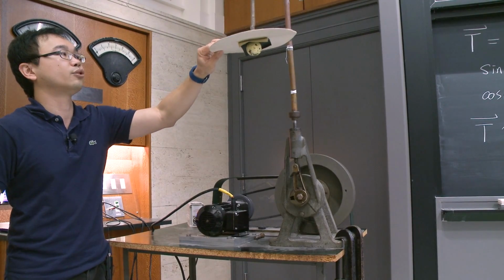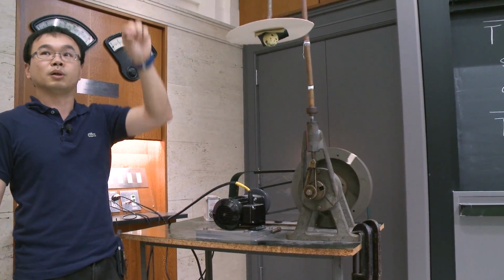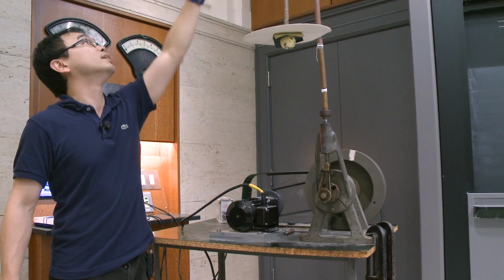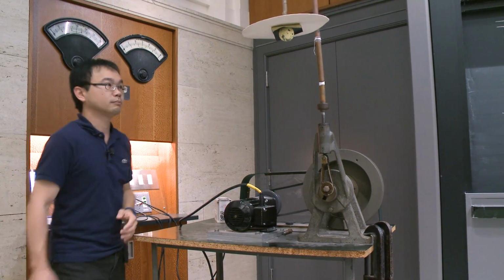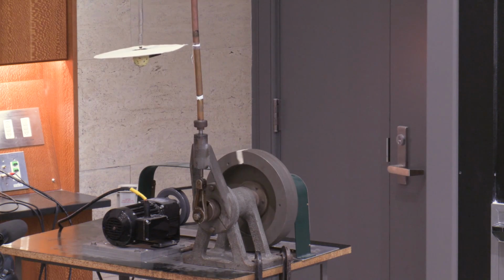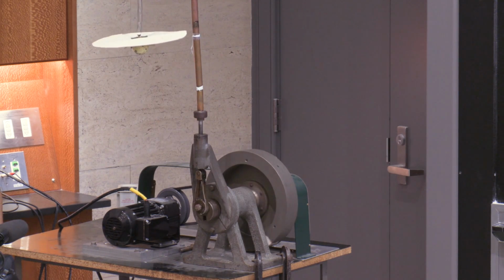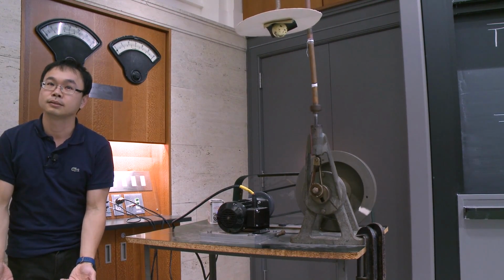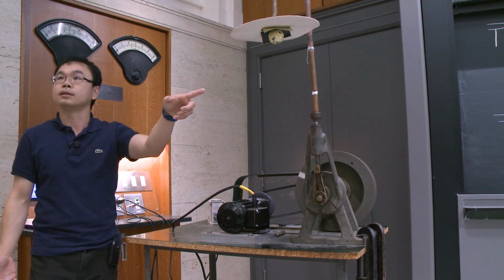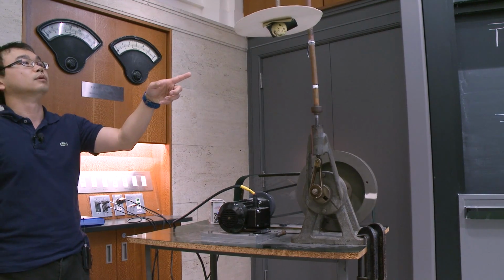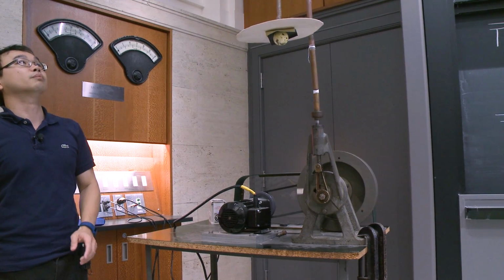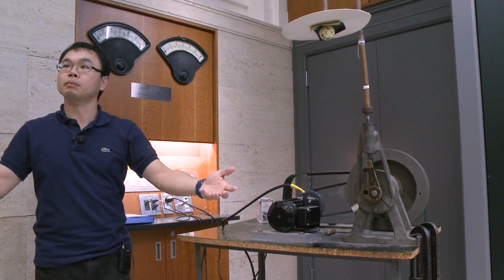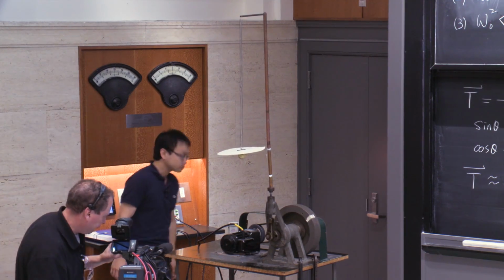You can see that the natural frequency is sort of like this. Now I'm driving this system really slowly. You can see this is going up and down really slowly, and the amplitude is pretty small, right? There's no excitation for the moment.